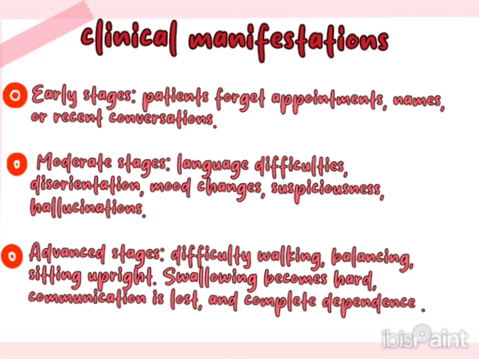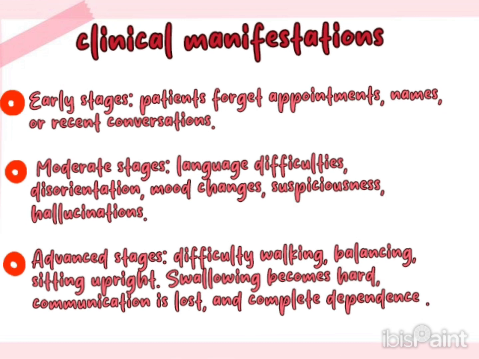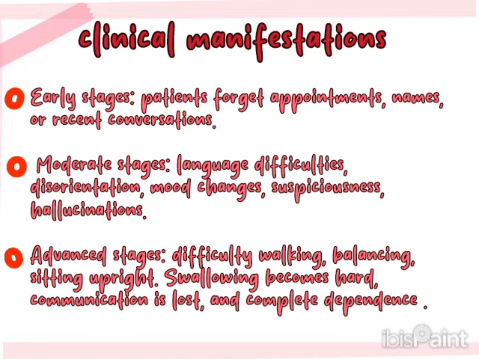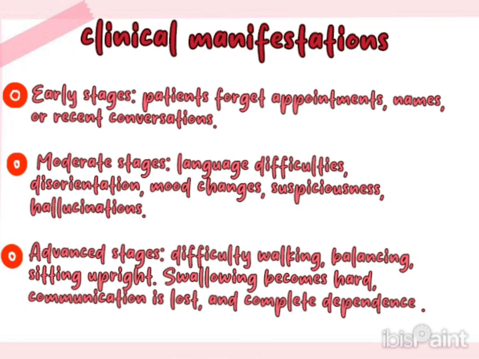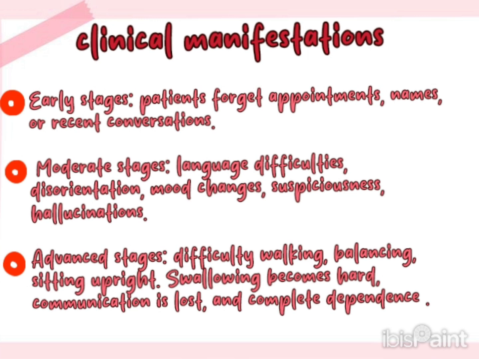Language difficulties arise, disorientation to time and space, mood changes, suspiciousness, and even hallucinations or delusions. Some people get lost on familiar streets. In advanced stages, patients lose motor abilities, difficulty walking, balancing, or even sitting upright. Swallowing becomes hard, communication is lost, and complete dependence on caregivers is required.